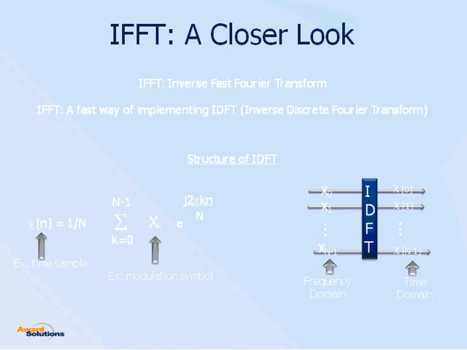At the receiver, we do the opposite process. But if you are interested in the IFFT, then here is the formula. IFFT is basically a fast way of implementing the inverse discrete Fourier transform, and here is the formula for the inverse discrete Fourier transform.